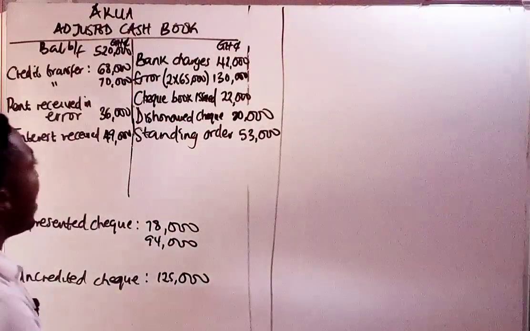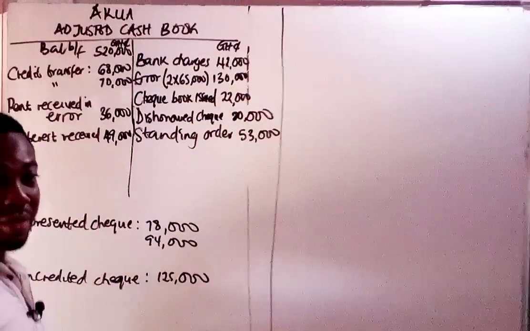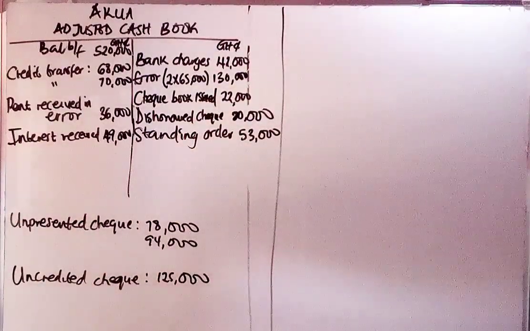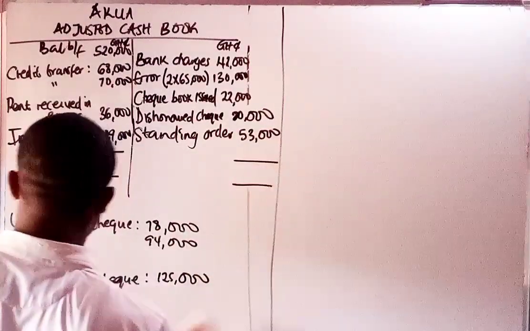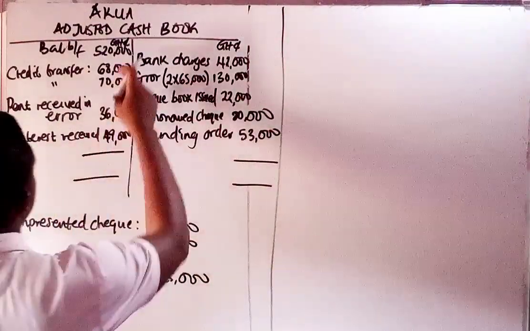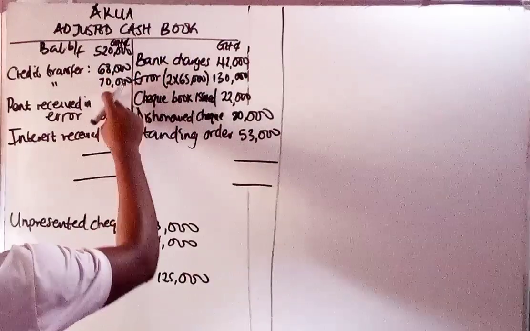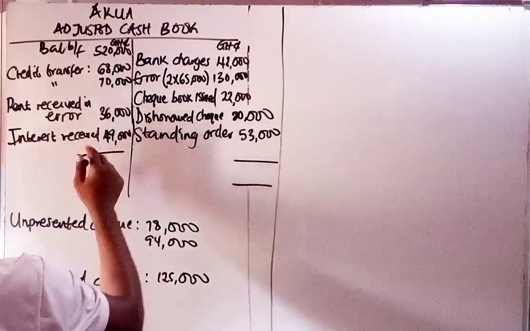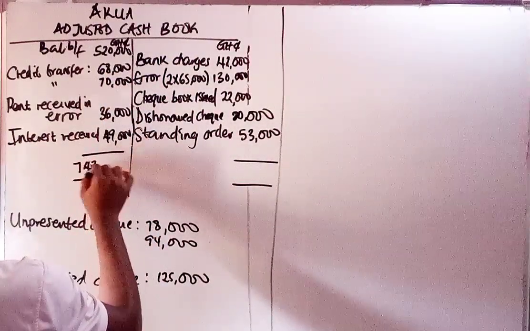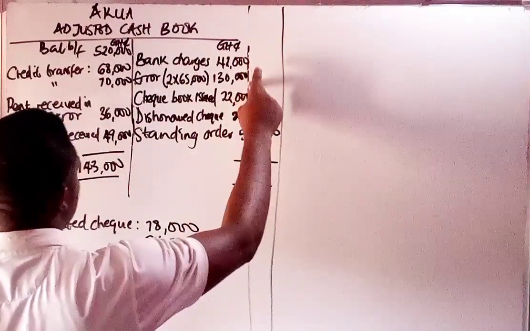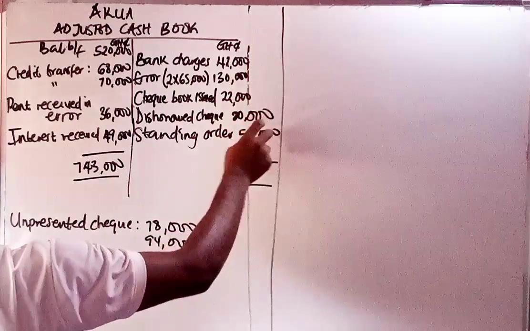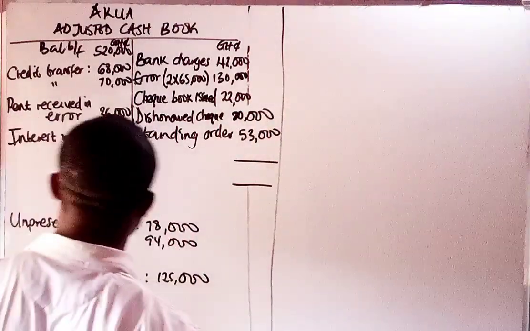Now let's add up this so that we can prepare the bank reconciliation statement using the adjusted balance. Now if we add up 520,000 plus 68 plus 70 plus 36 plus 49, it will give us 743,000. Why 42,000 plus 130 plus 22 plus 80 plus 53 will give us 327,000.